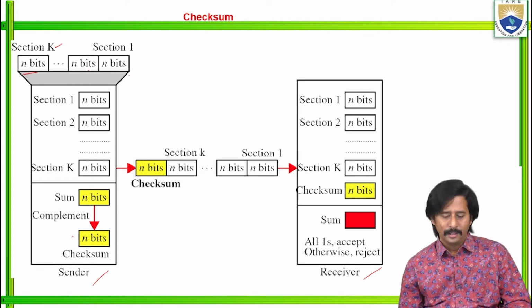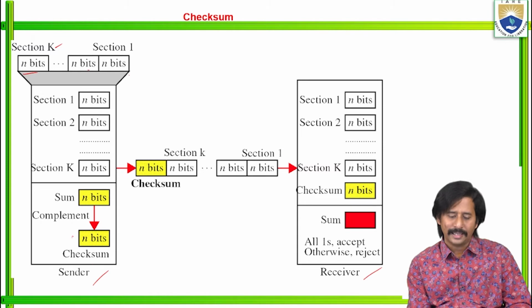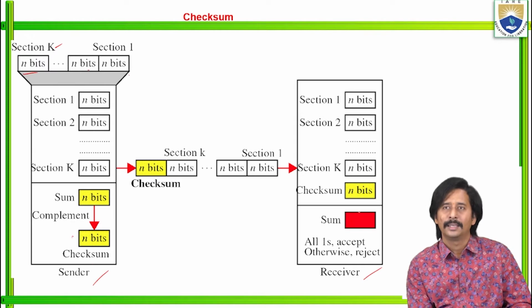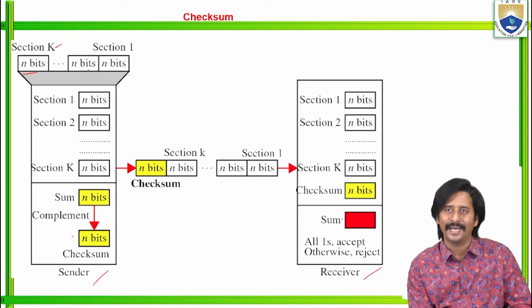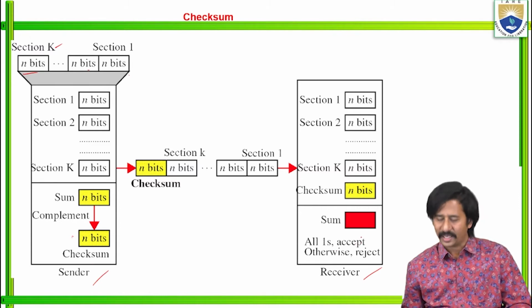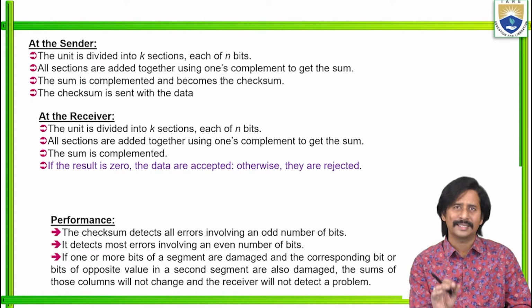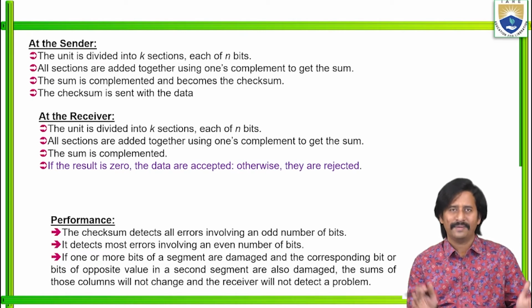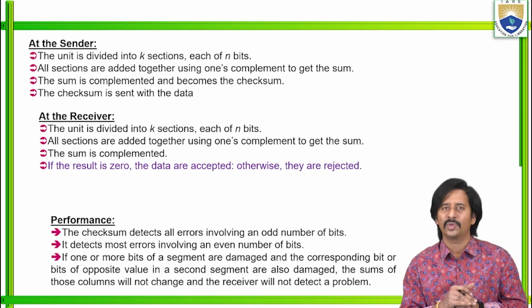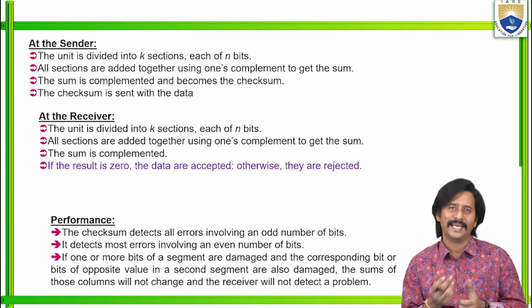At the receiver side, if all those sections are added and the result is all ones, then accept, otherwise reject. Because at the sender side, whatever the data unit is, it is divided into fixed-size frames, segments or sections.